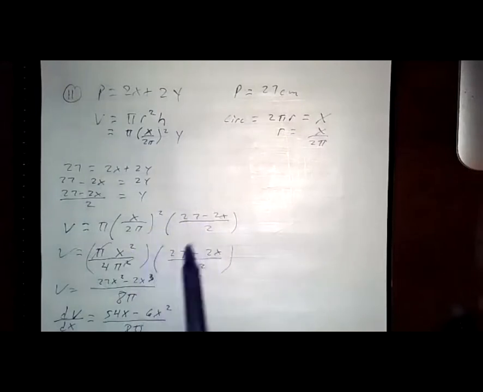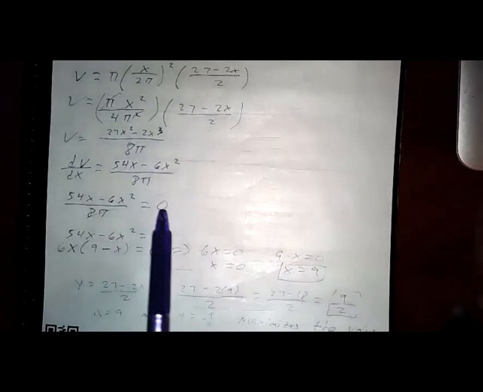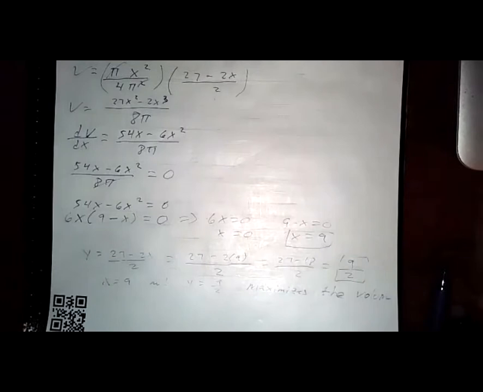Did some algebra, got to here, took a derivative, got this guy, set it to 0 and found the critical numbers. Do you have any questions?